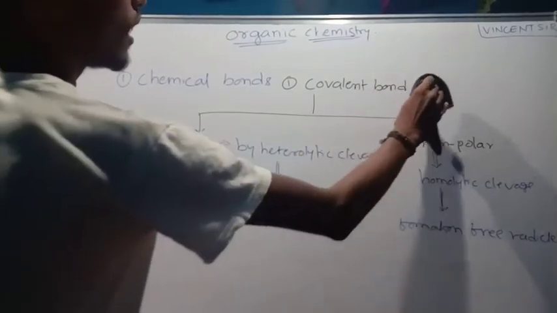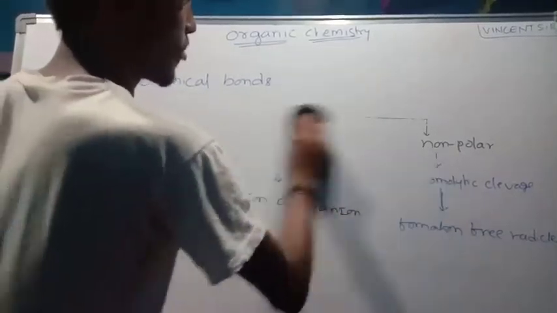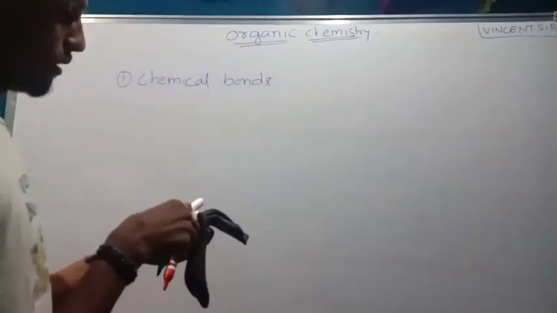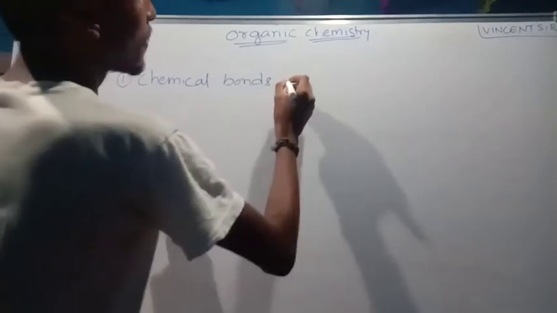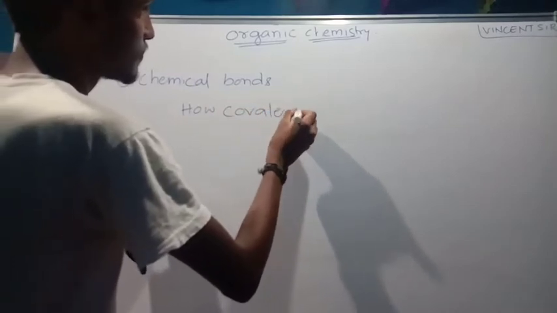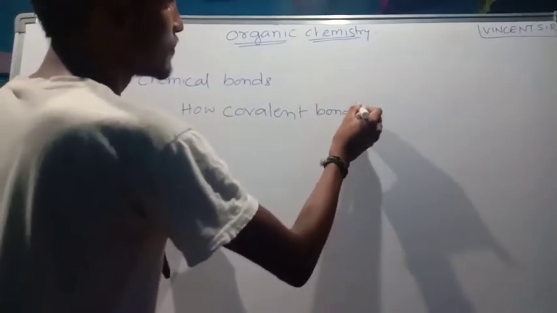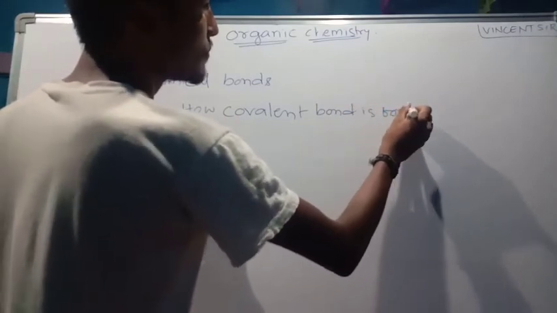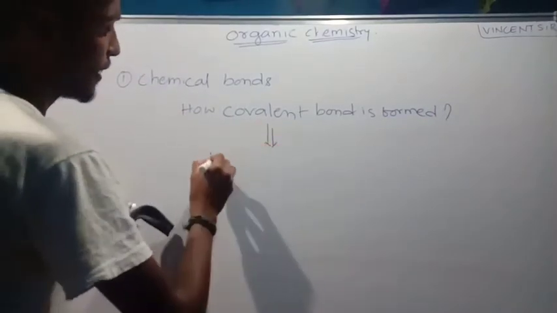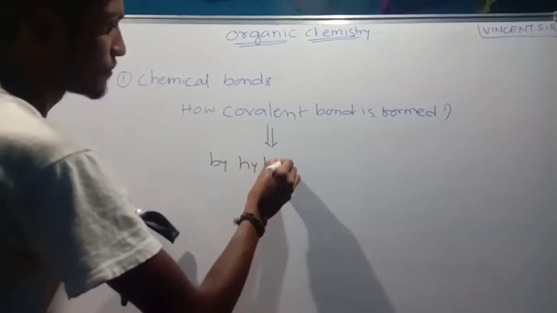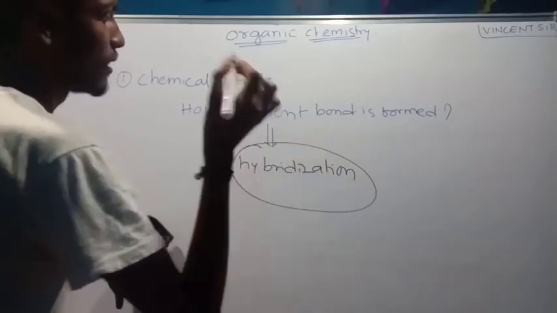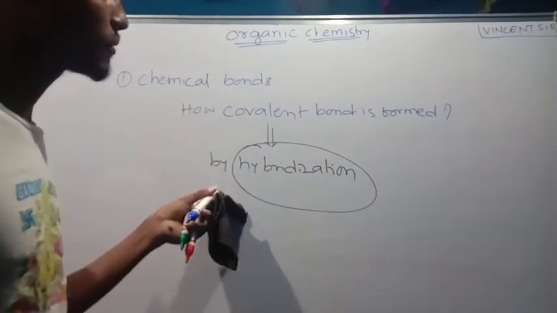Now, how is the covalent bond formed? The covalent bond is formed due to hybridization.